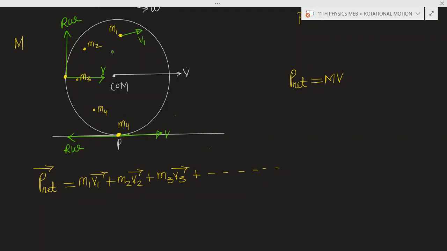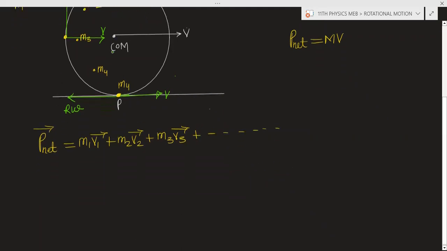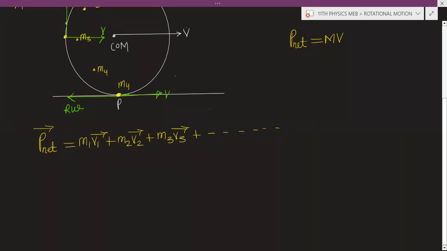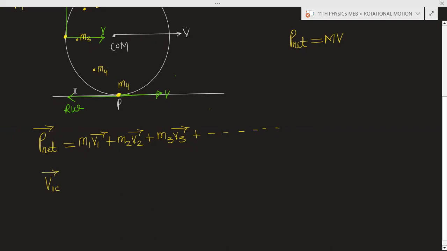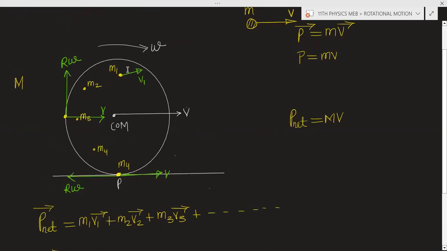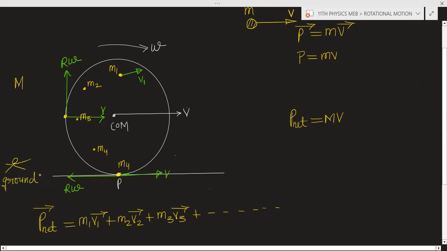I want to find the velocity of mass m1 with respect to the center of mass, not with respect to the ground. Earlier, all the velocities we have seen with respect to ground. If nothing is mentioned, then we will assume the velocity with respect to the ground.